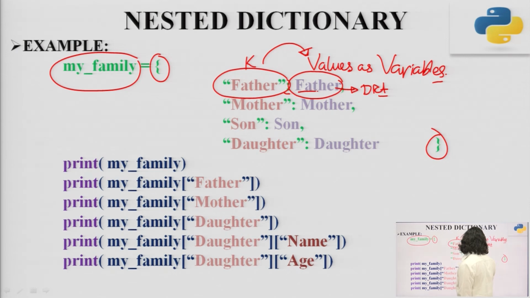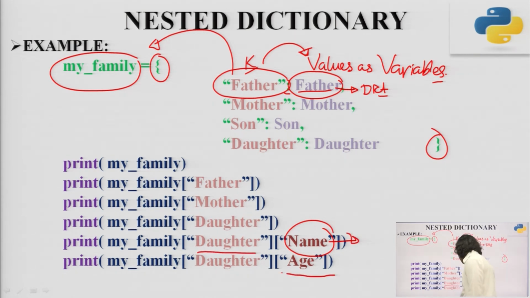So, here this father variable is a dictionary, and in this we are again linking to the key element which holds the parent as a dictionary. The rest of the process is the same: whenever you try to access the name key element information of daughter in the reverse order, you can make sense that we are looking for the age of daughter in my family.